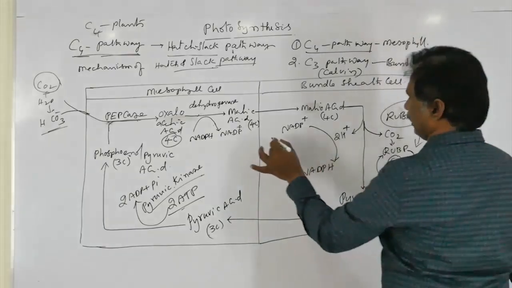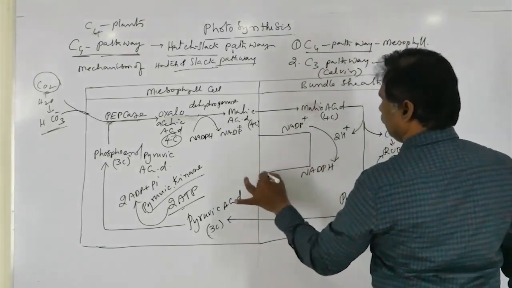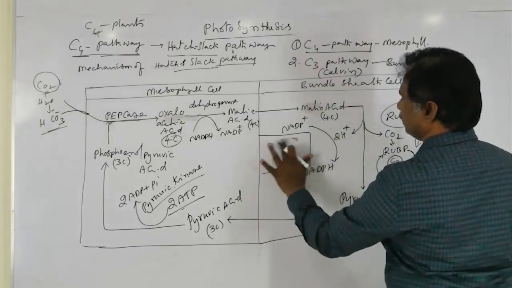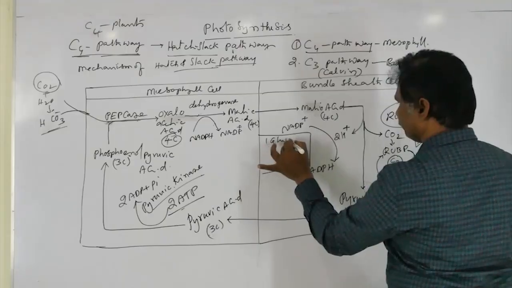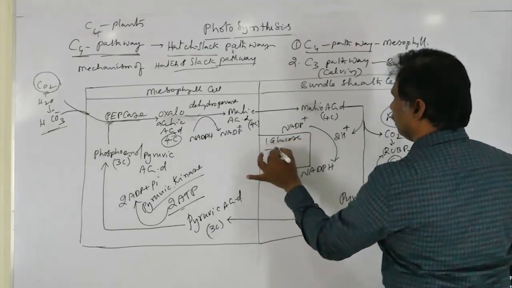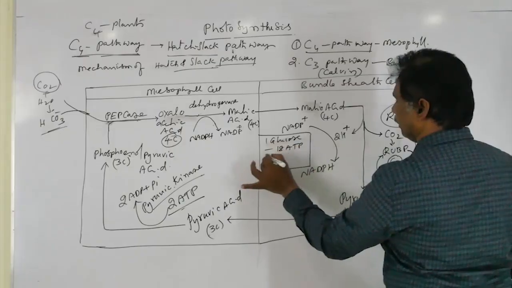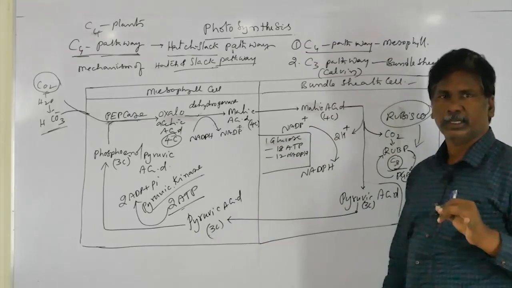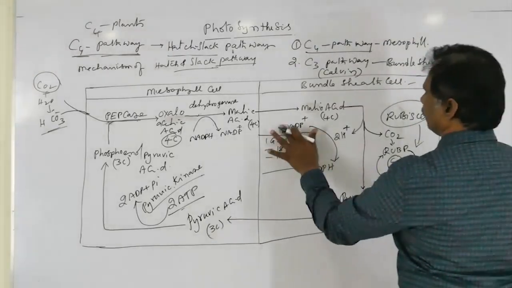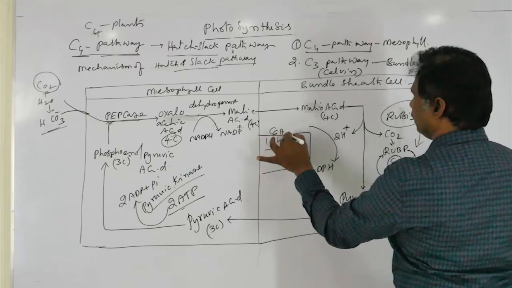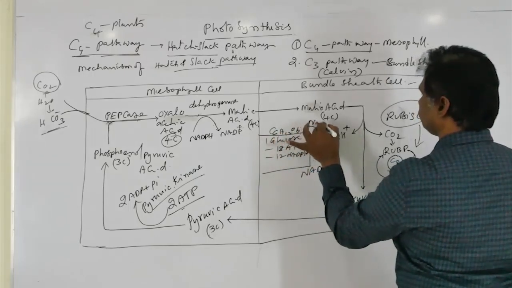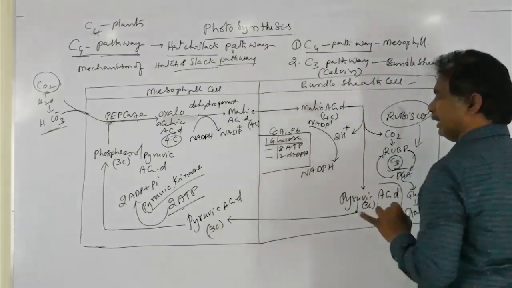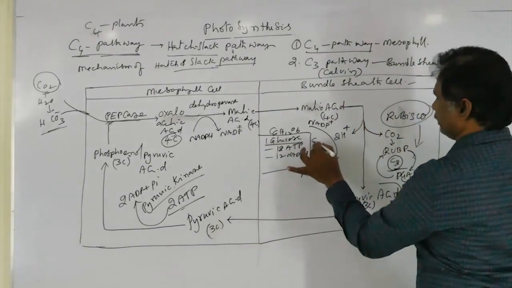In that C3 cycle, 18 ATP and 12 NADPH assimilatory power are required for 1 glucose. 1 glucose means C6H12O6.